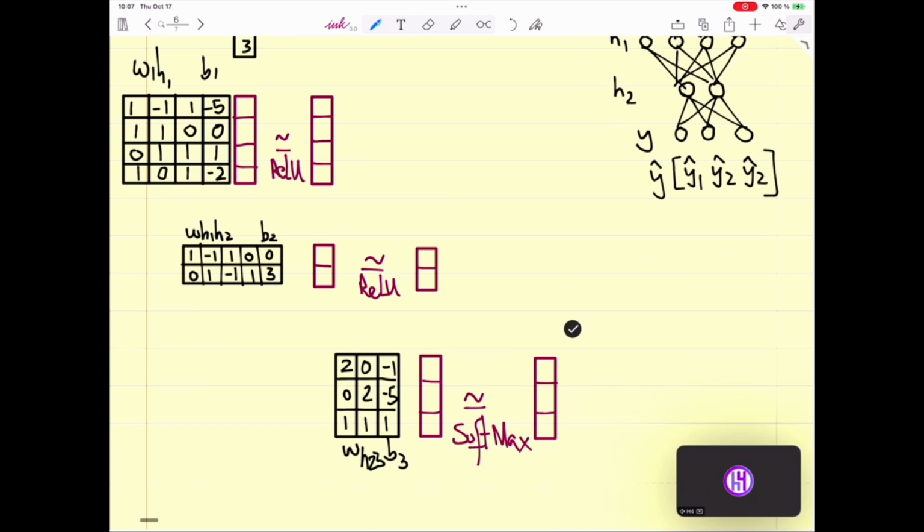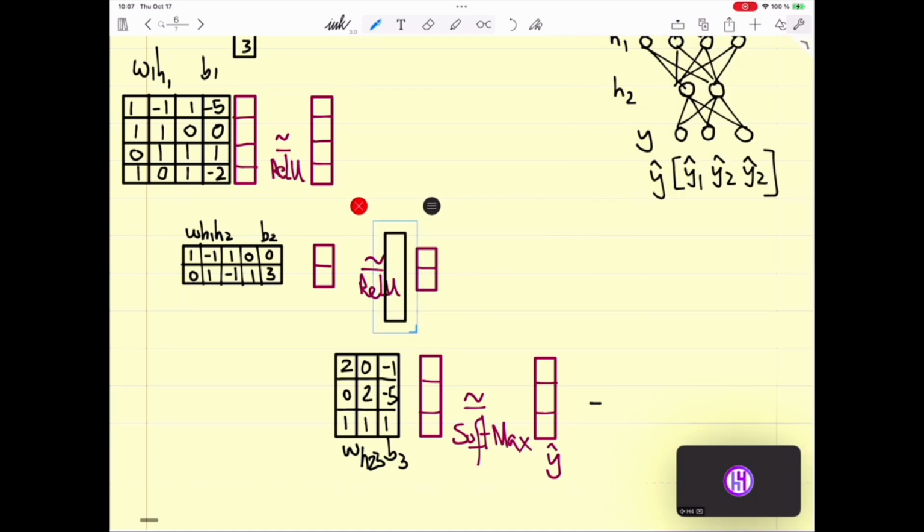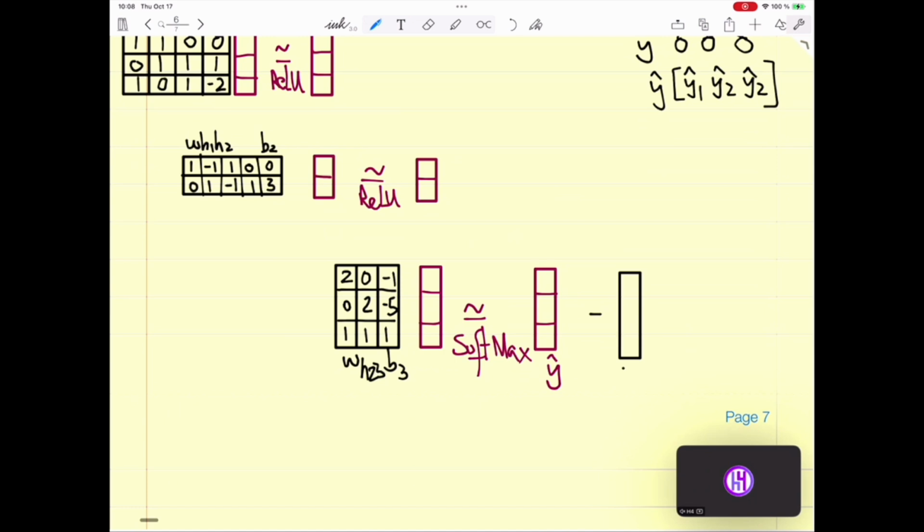And this will be our Y with a hat. And then we will calculate the error by subtracting that to our prediction. Y is going to be our prediction.